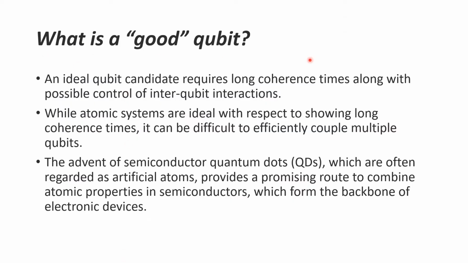In this slide, we will talk about the requirements for a qubit to be good. Many qubit systems have been constructed. Those atomic systems, where qubits are atoms, can exhibit a very long coherence time, but it's difficult for them to link to each other in an efficient way.